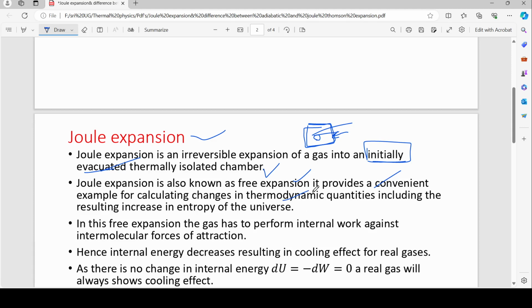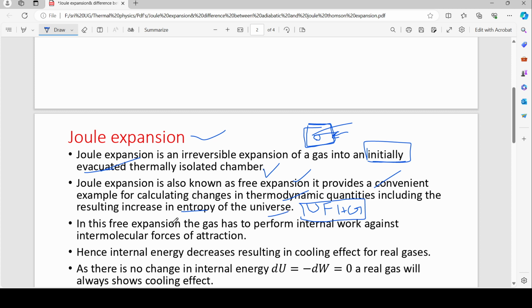Thermodynamic quantities are such as internal energy, free energy, enthalpy, and Gibbs function, including a resulting increase in entropy of the universe. So not only does it provide convenient examples, it also shows the entropy of the universe.